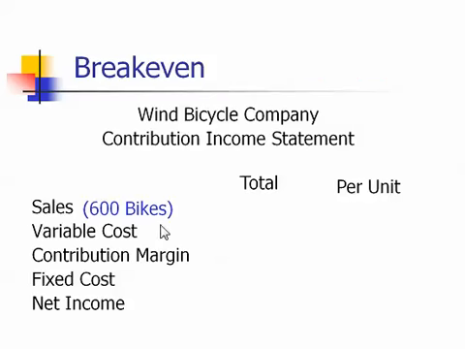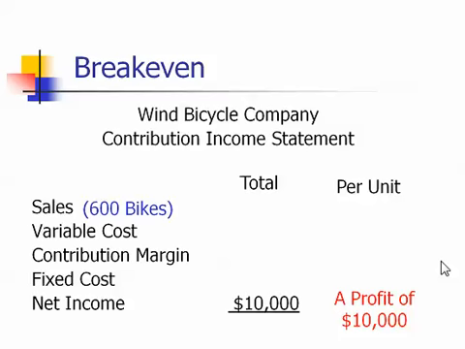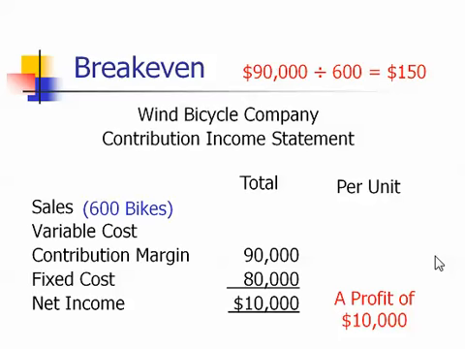Again, one more look. If we plan to sell 600 bikes and want to have a target profit of $10,000, we begin with a net income of $10,000. We add back our fixed cost of $80,000, meaning we need to earn a contribution margin in total of $90,000. We take our $90,000 total contribution margin, divide it by our 600 bikes, and find we need to earn a contribution margin or profit per bike of $150.